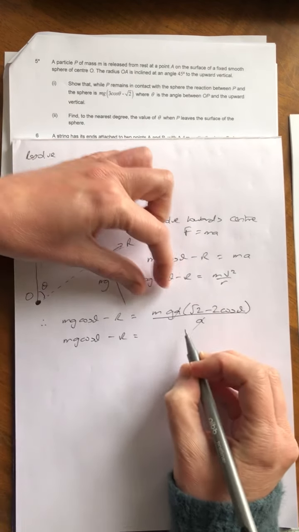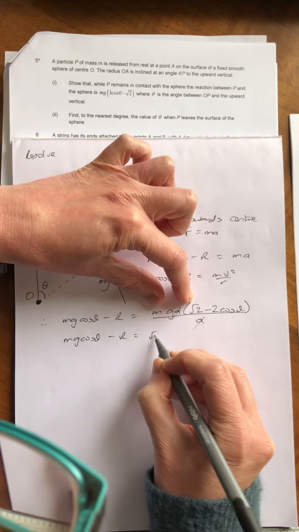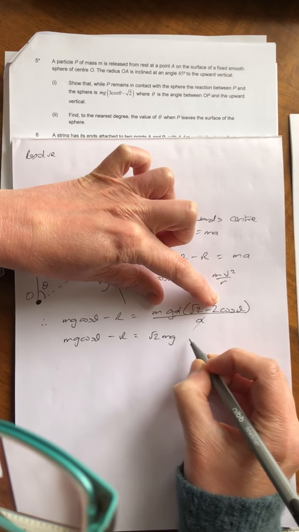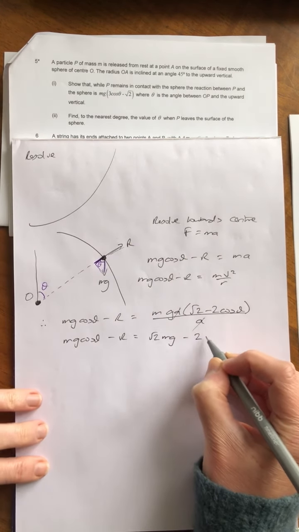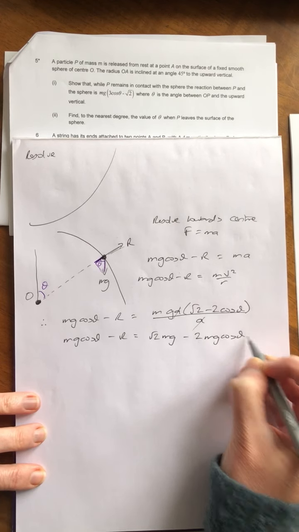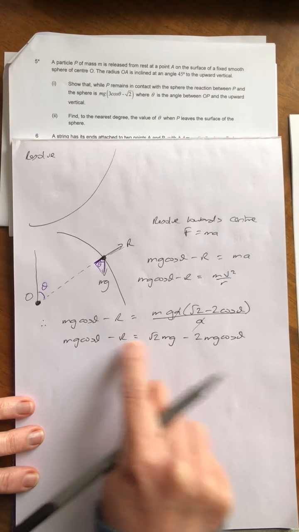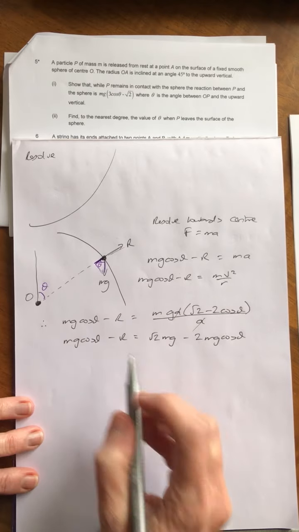That a is gone, so I need to expand that. So I've got root 2 mg minus 2 mg cos theta. I want to make R the subject, so I'll pop those two things over there.